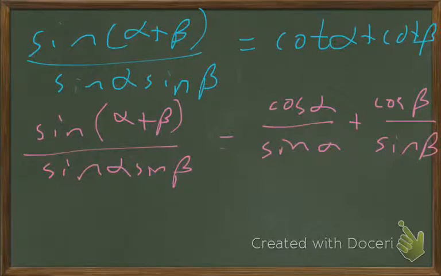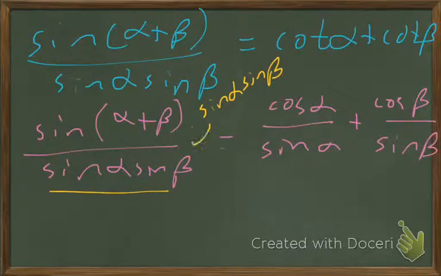Okay? So then after that, what we end up needing to do is I want to get rid of this denominator right here. So I multiply it to everything. So sine alpha sine beta to here, here, and here.